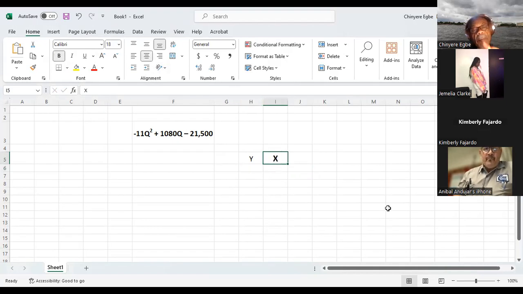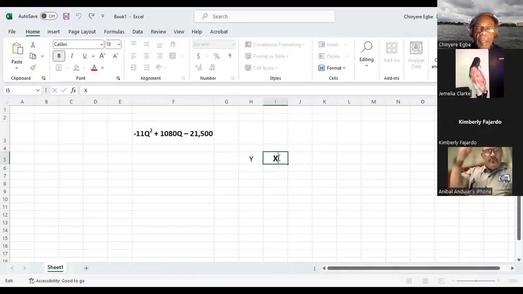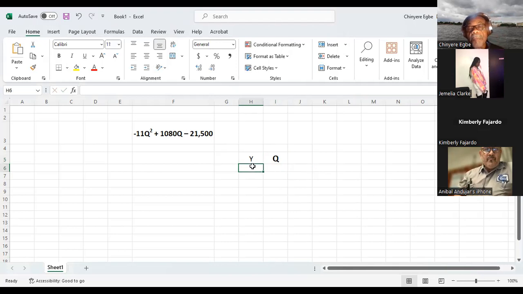All right. So I'm looking at the range of values here. Actually, I should use Q since that is what we have here. Q is the independent variable. Y is the dependent variable. I'm looking at possible outputs from 0 outputs.